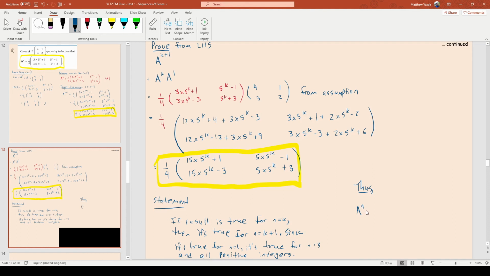Thus, a to the n is equal to, and I'm just copying it from the question, a quarter, 3 times 5 to the n plus 1, 3 times 5 to the n take 3, 5 to the n take 1, and the take 1 is not in the power, and 5 to the n plus 3. Boom. And why? By mathematical induction.